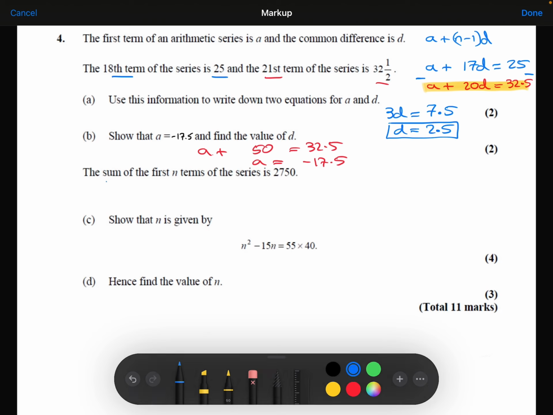We're then told that the sum of the first n terms of the series is 2,750. And we need to show that n is given by this. So let's use the sum formula to help us here. The sum formula, which you do get given in your formula booklet, looks like this for an arithmetic sequence.